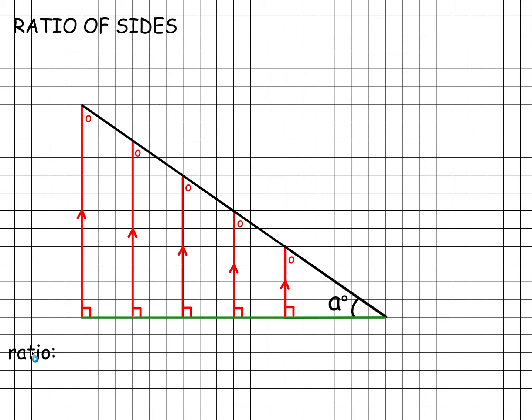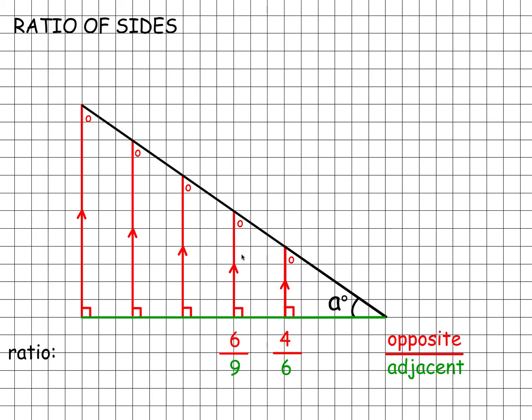If we look at the ratio within the triangles, the ratio of the opposite side to the adjacent, that is this red line. So that's the red side to the green side of the triangle. Here, red is 4, and that's 6 for the green side. Ratio 4 to 6, 4/6.